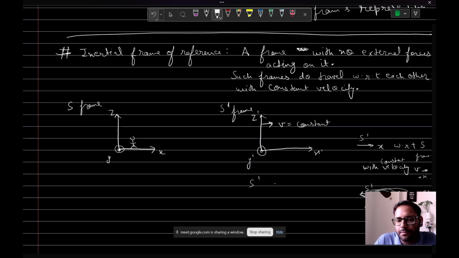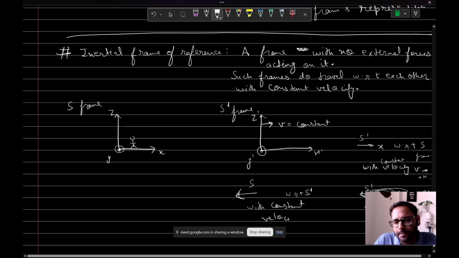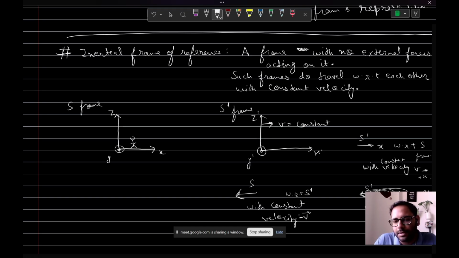With respect to the S frame, the S prime frame is going this way, and when you stand on the S prime frame, the S frame will go in the negative x direction with a constant velocity, that is negative v, the negative of v.